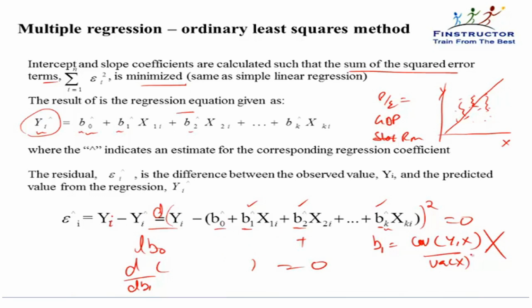That is only for linear regression. What the exact value will be is too complicated and is beyond the scope of discussion, but just know conceptually how we derive the multiple regression equation. It is the same ordinary least squares method. That is, we minimize the sum of squared errors.